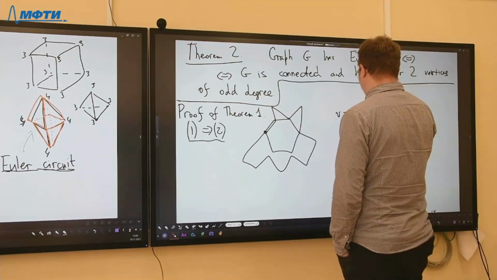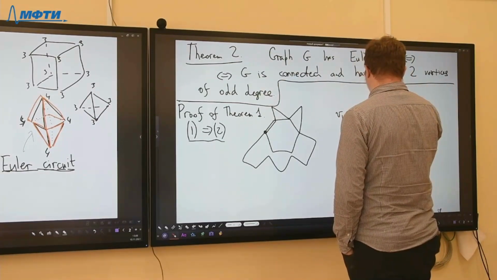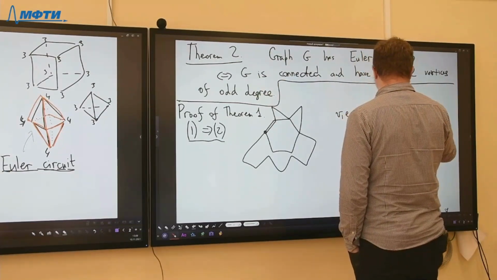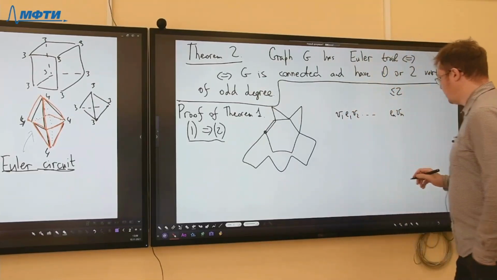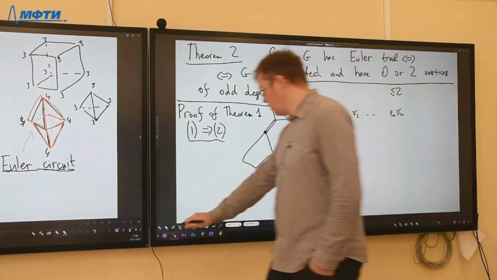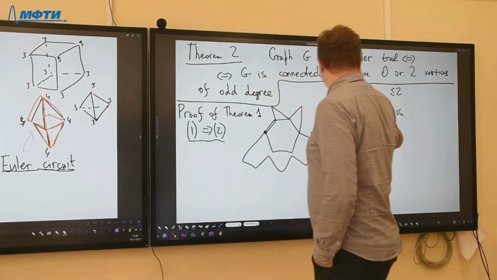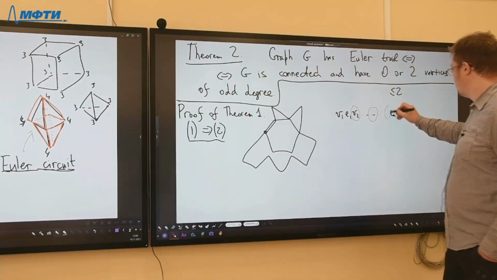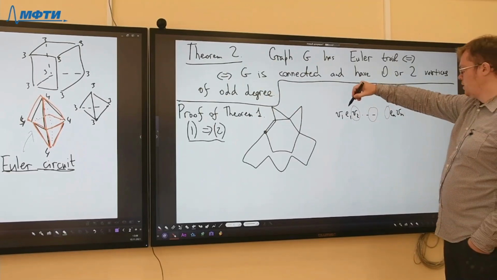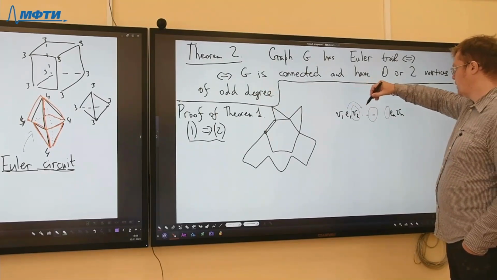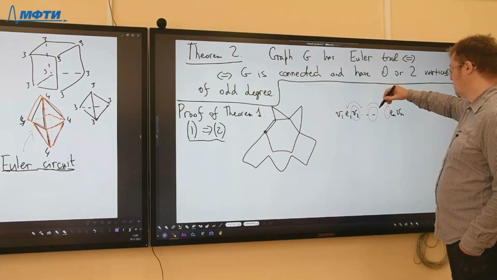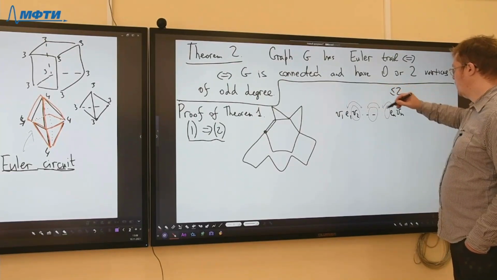So if you look at our trail, and we look at all the places where we meet the same vertex v, then we calculate an even number of edges there.